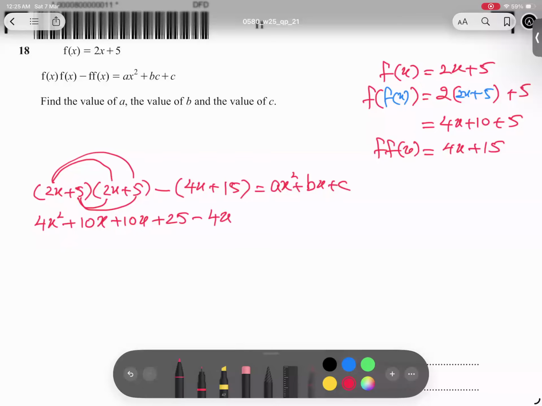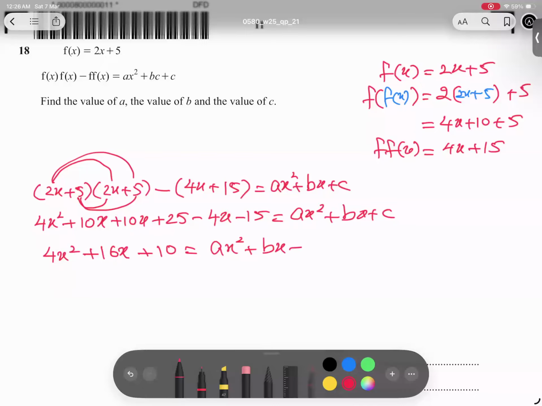Open the bracket, this negative into positive will give us negative. We are very close to the answer. Okay, now 4x to power 2. 10x, 10x, 20x out of 24 gone. We got 16x. Okay, this 25 and negative 15. If different signs, subtract, I get 10.